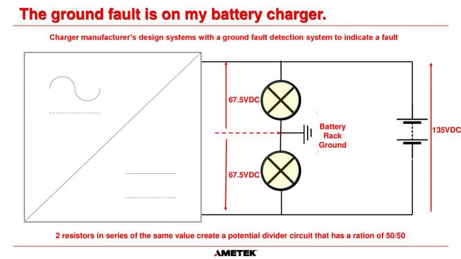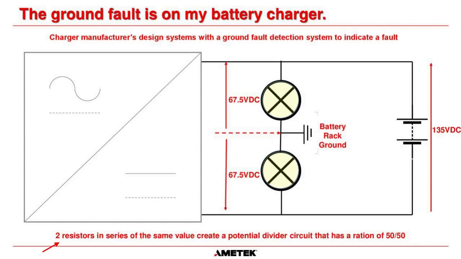So the important thing to remember here is 2 resistors in series of the same value create what's called a potential divider circuit. Okay. And that potential divider circuit has a ratio of 50-50 if the resistors are the same value. And we said that they were in the last one. So we said they were like 3K.